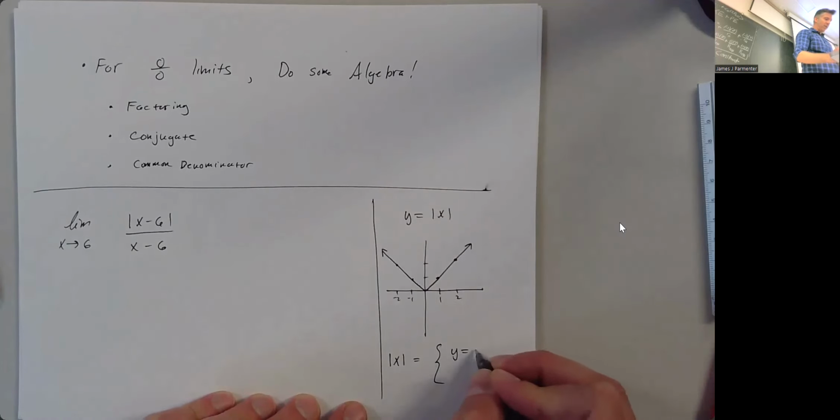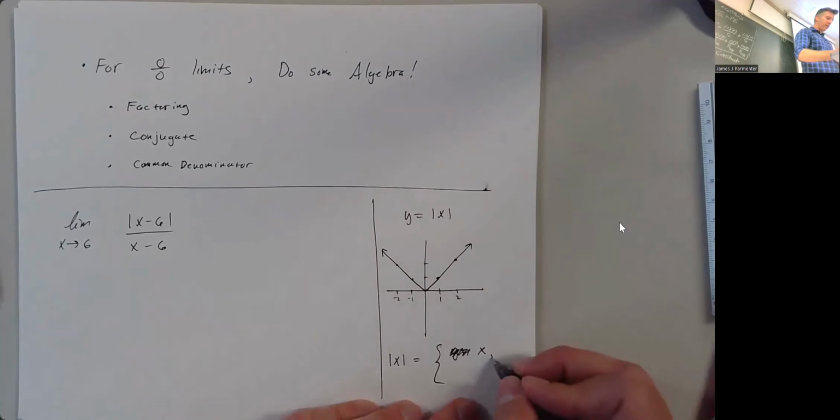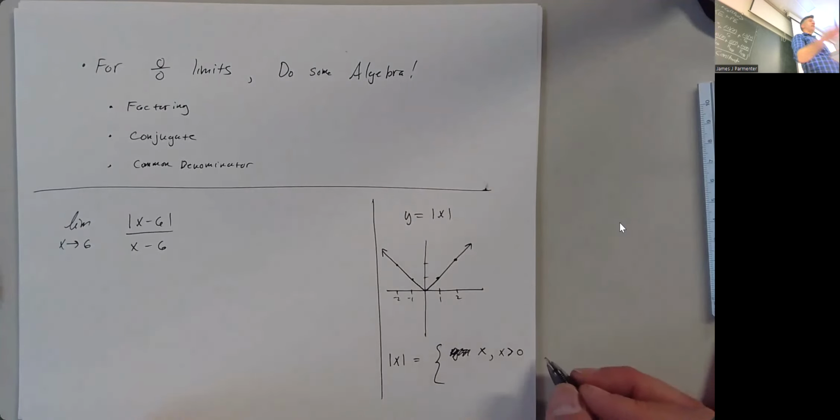It's y equal to x. Oh, I didn't mean to write the y part though. Sorry. So the absolute value of x is just x if x is already positive. If x is 5, the absolute value of 5 is 5. If x is 23, the absolute value of 23 is 23.